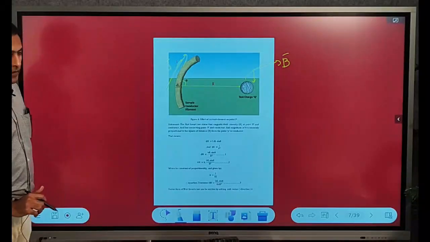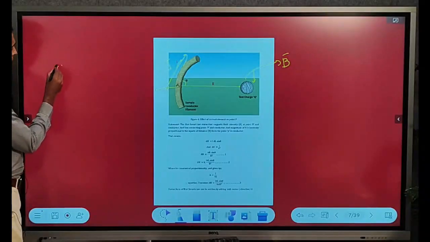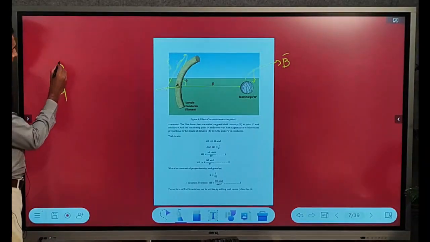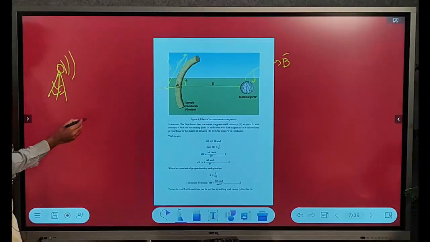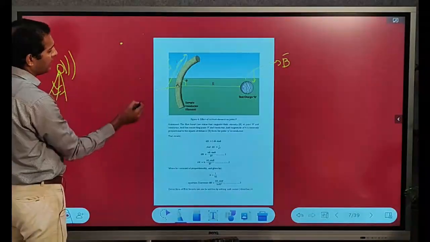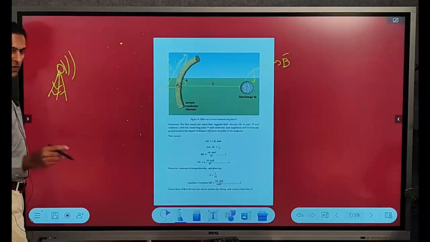Now what is this assembly? If you want to compare this current carrying conductor, you can compare it with a mobile antenna. Now there will be different point charges. A point is considered as a single point. These are all point charges, very tiny objects.